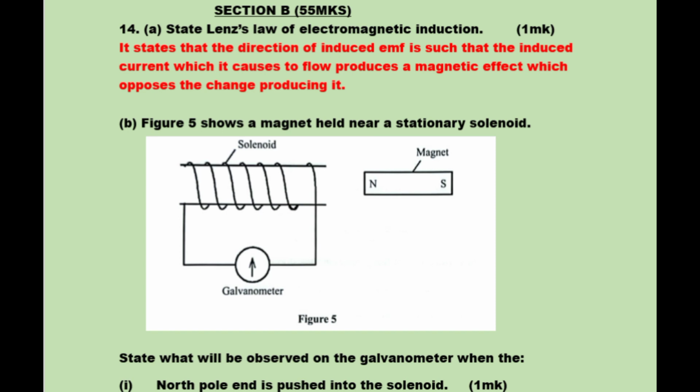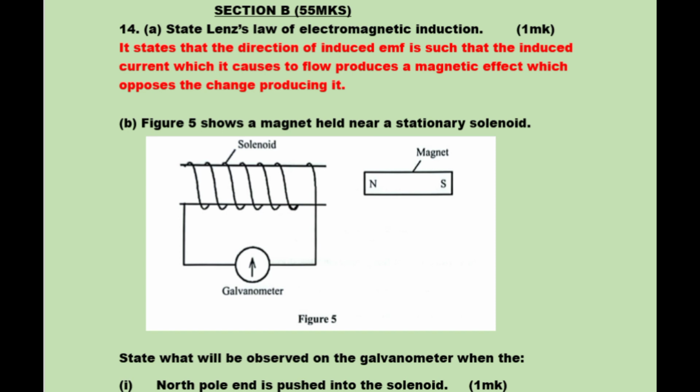It states that the direction of induced EMF is such that the induced current which it causes to flow produces a magnetic effect which opposes the change producing it. So that is our Lenz's law.